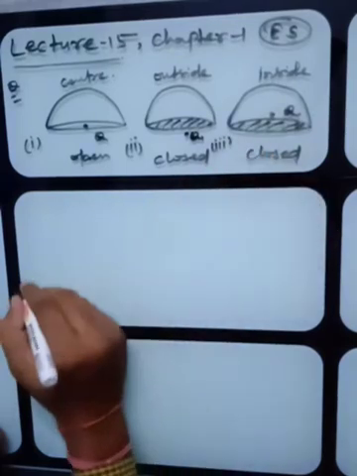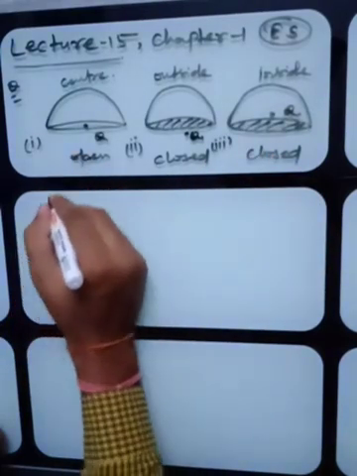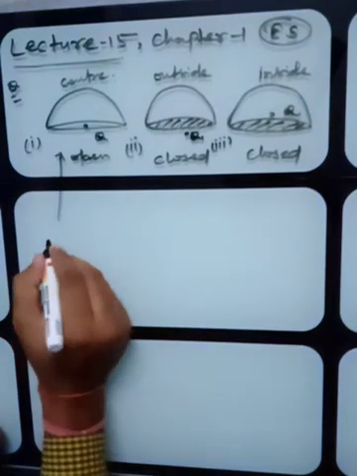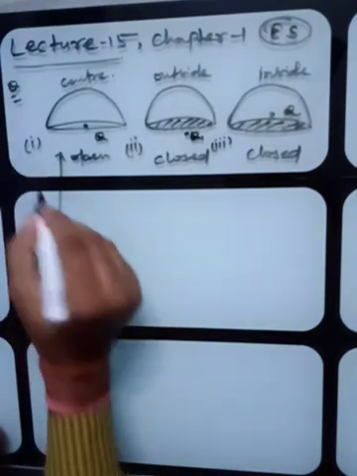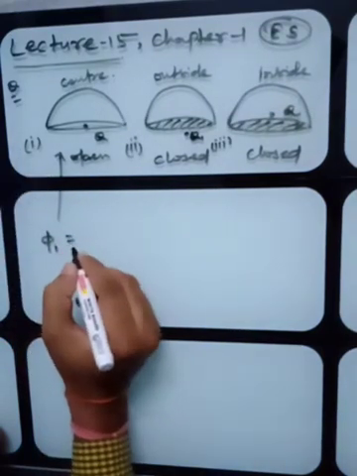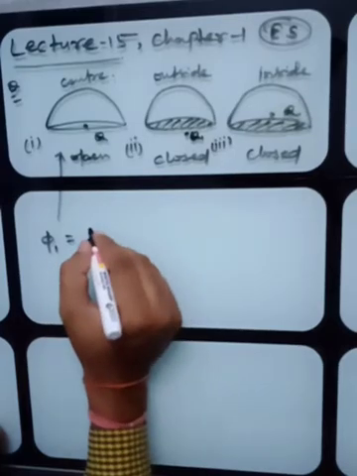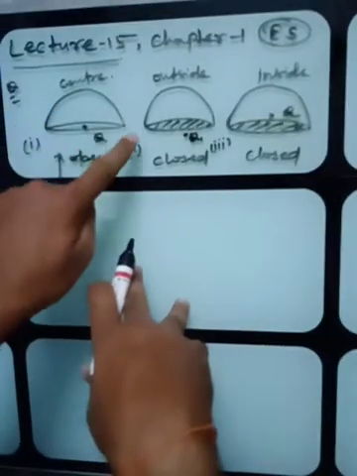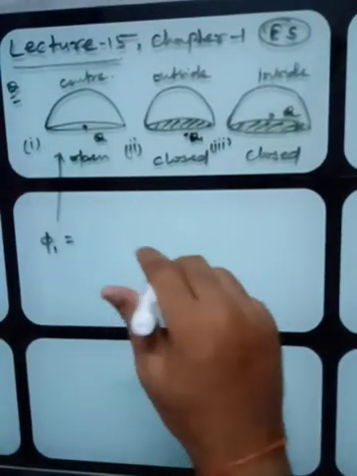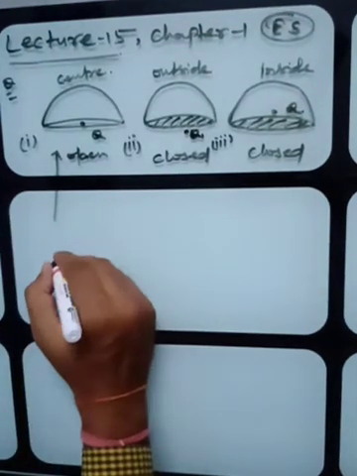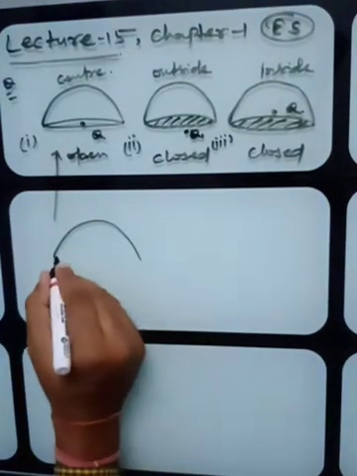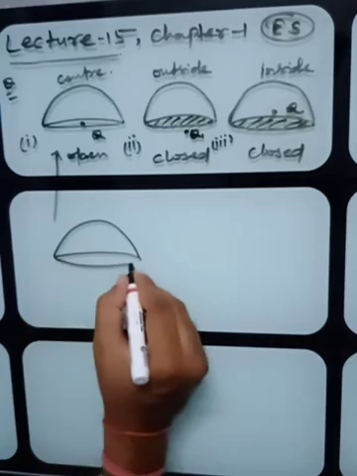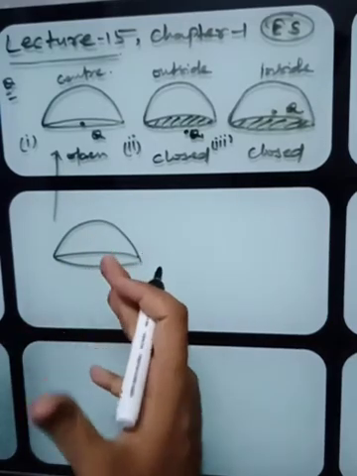Okay, in each case. So in the first case, the flux will be how much? We cannot apply the Gauss law because this body is not closed. Remember, if the body is not closed, you cannot apply the Gauss law, because Gauss law is applicable for a closed body.